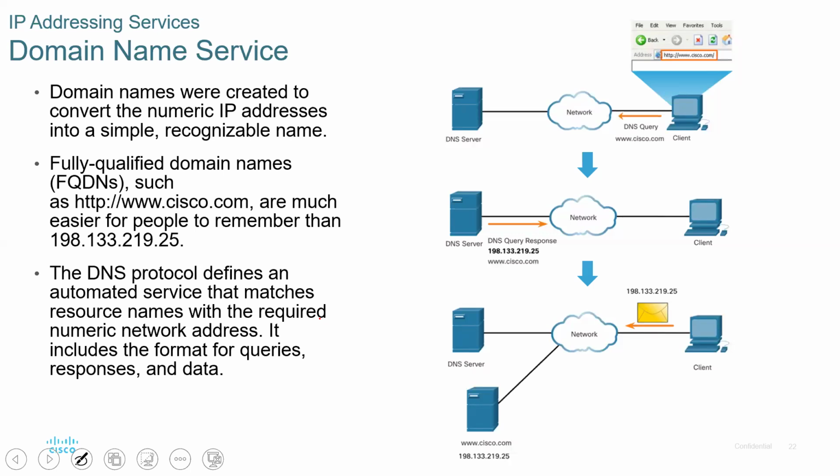So the domain name service is responsible for converting the name to the IP address. For instance, if I type cisco.com, it is going to translate it to the IP address of the server that is hosting cisco.com. All right, so DNS is what helps to do this translation.